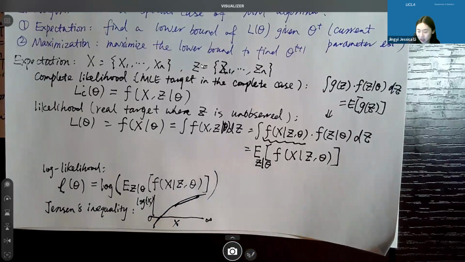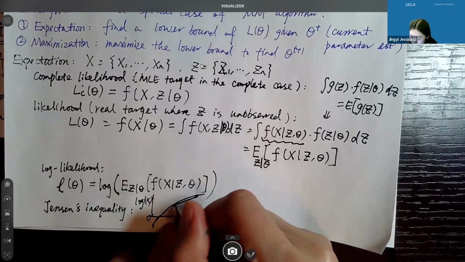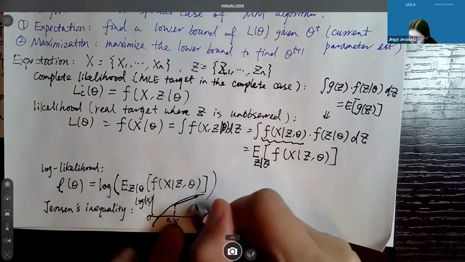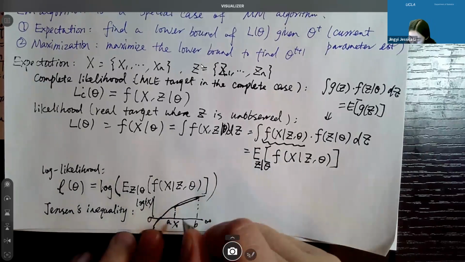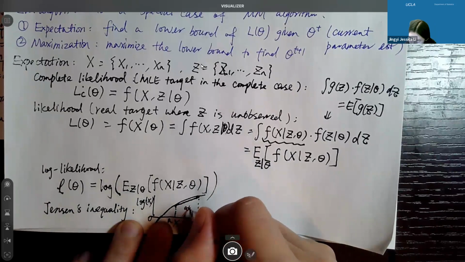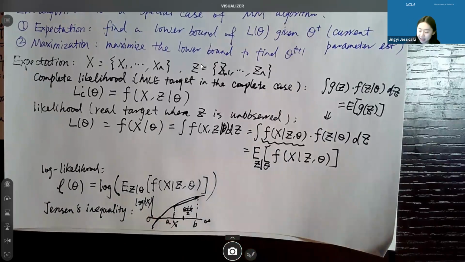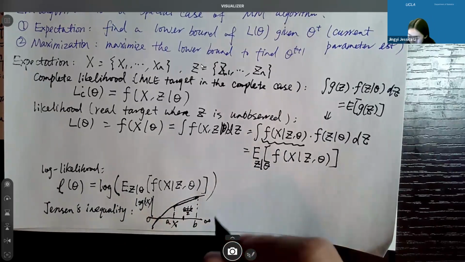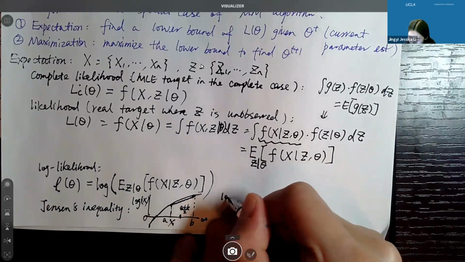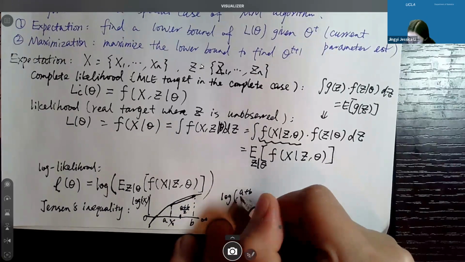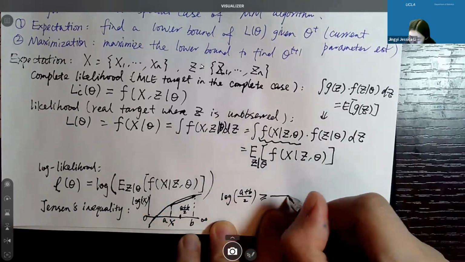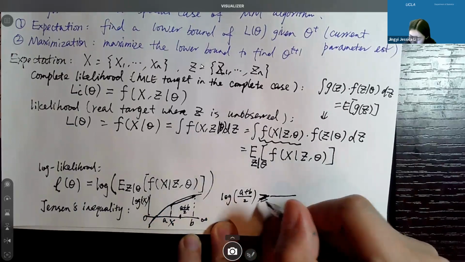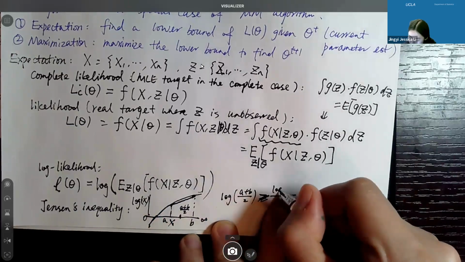A property of this concave function is that, intuitively, if I call this A and this B, and take the average of A and B, which is A plus B over 2, then the log at the average is above the average of the log.